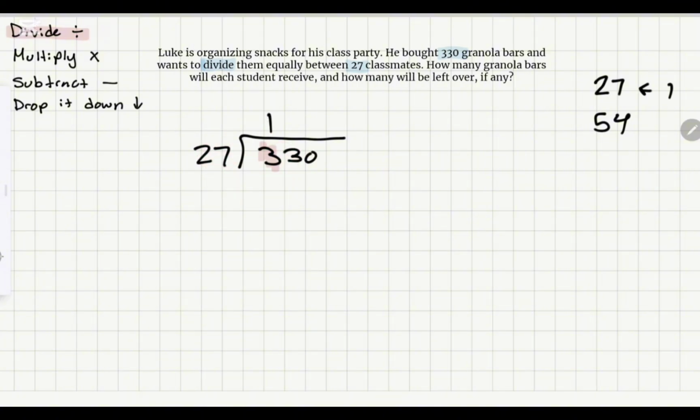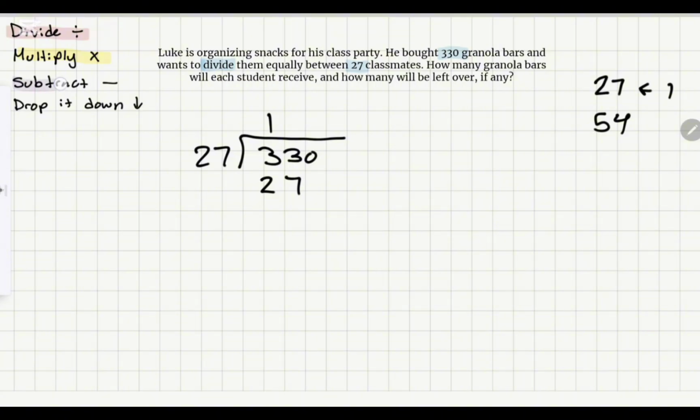Our next step is to multiply. So I'm going to do 27 times 1, which is just 27. And then I am going to subtract. Let me rewrite my 2 there.